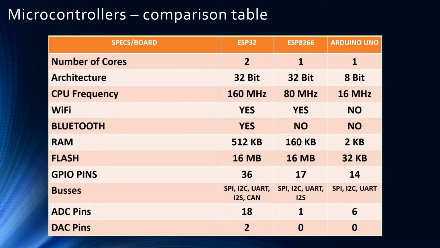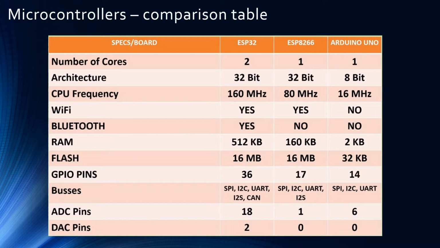But let's say your application is only that if a person passes the door, then the alarm goes off. Then it doesn't require any connection, so you can just use the Arduino Nano. So the main difference is about the connection. For sure, there are some other differences, like the CPU frequency.